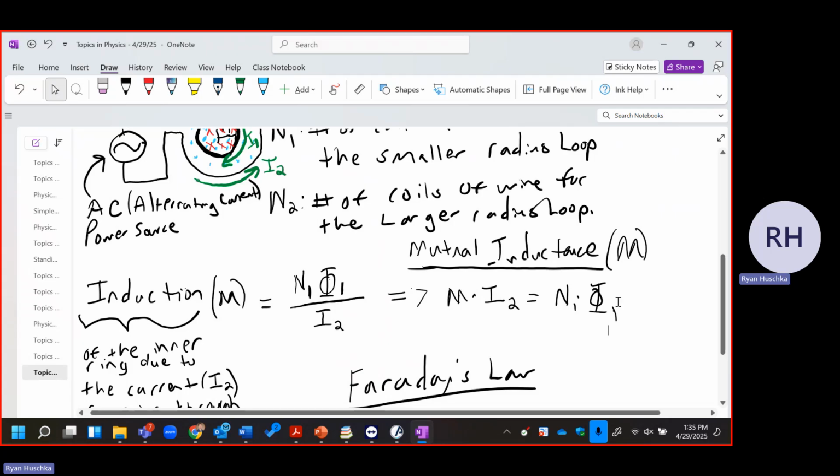To be a little cleaner with notation, that magnetic flux would be the 1,2. It's telling you the magnetic flux of ring 1 as a result of the alternating current running through 2.